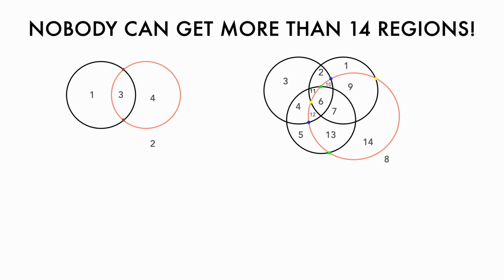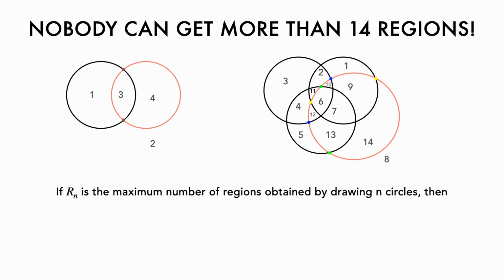In fact, we can solve this problem in great generality. If Rn is the maximum number of regions obtained by drawing n circles, then we have the following recursion. By drawing the (n+1)th circle, it can intersect the earlier n circles in at most 2n points, and these 2n points will produce 2n new arcs, and each of these arcs will add a new region.